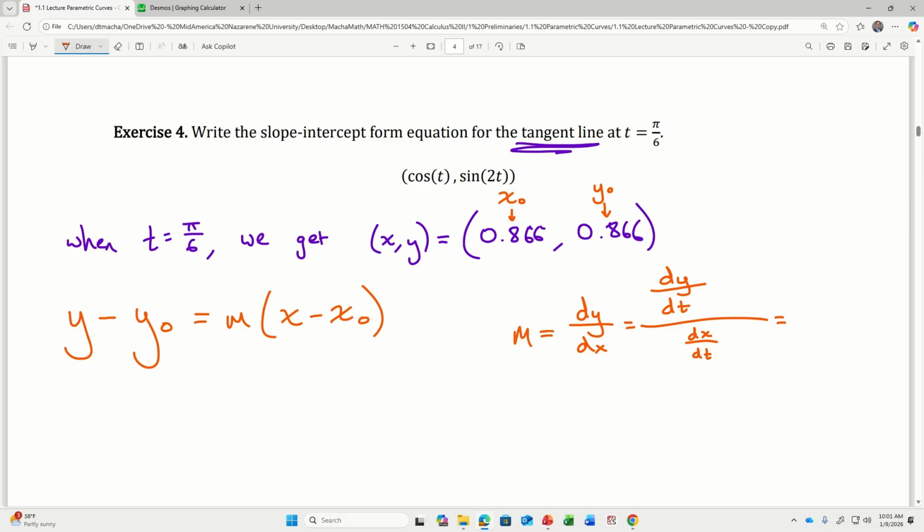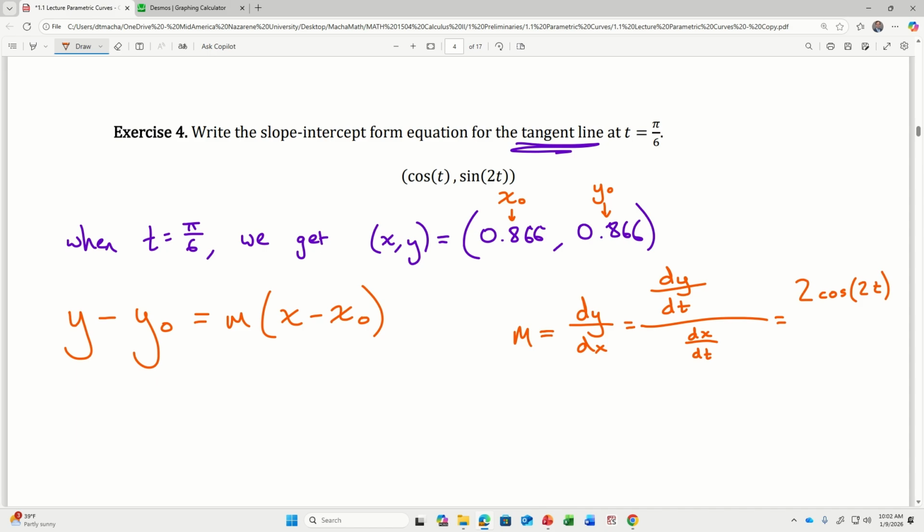So you got to use the chain rule. Cosine 2t times 2? Yeah, very good. So the derivative of sine of 2t is 2 cosine 2t, because of that chain rule.